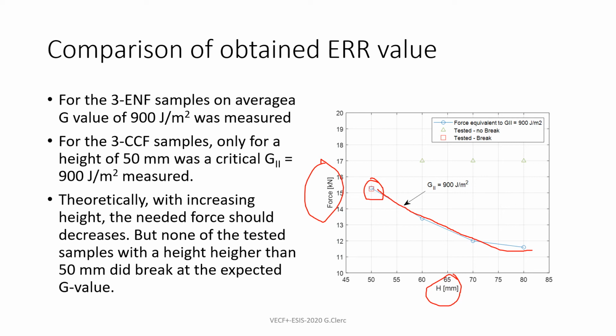But the sample I tested did not fail at a force of 70 kilonewton, and I was limited by the machine I had at disposition. So this means I probably would have broken it with an even higher force. So that's something I cannot explain now.